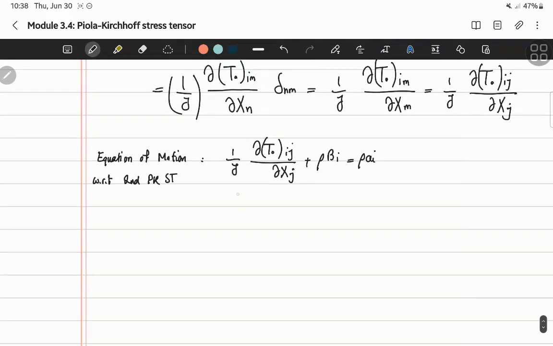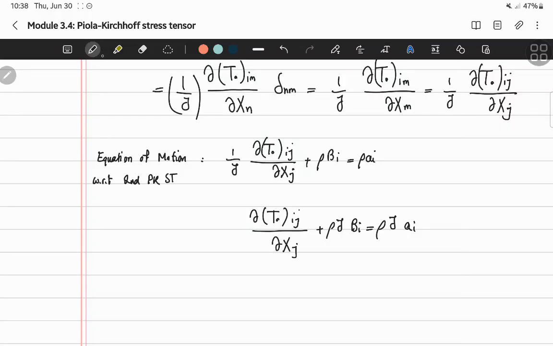So if I get rid of this j in this term and multiply these terms by j, I get T0 ij, and this j value is also positive, so this doesn't change signs. So here, sorry, this is rho j ai.